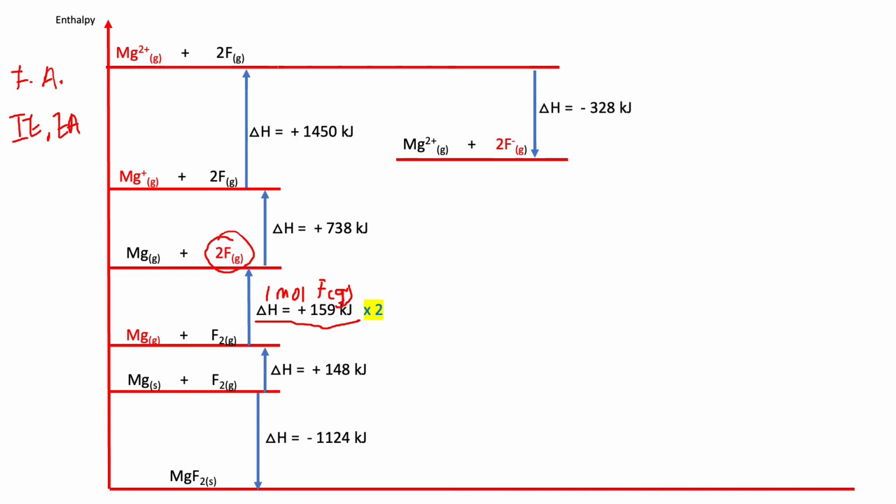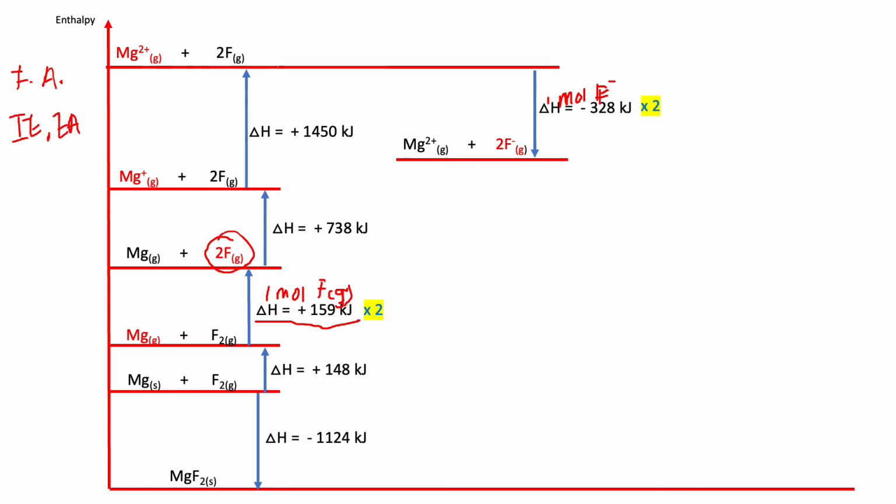However, again, the electron affinity value given here is for 1 mole only, for formation of 1 mole of fluoride. But we have 2 moles of fluoride here. Therefore, don't forget to times this value by 2.